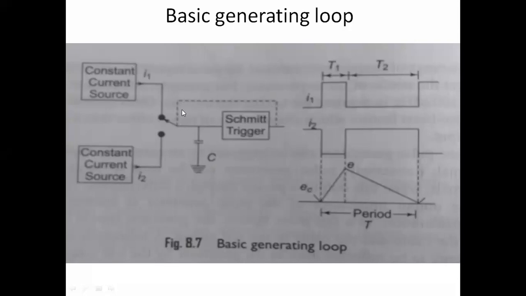When the voltage at the capacitor reaches a certain maximum value, the Schmitt trigger changes its output, and that makes the switch connect to the constant current source I2. So as a result, the constant current source I2 gets connected.